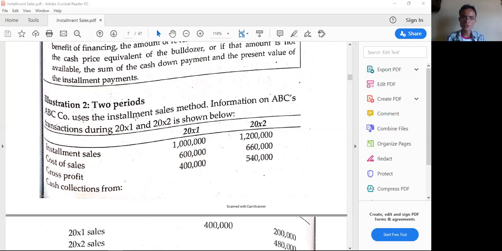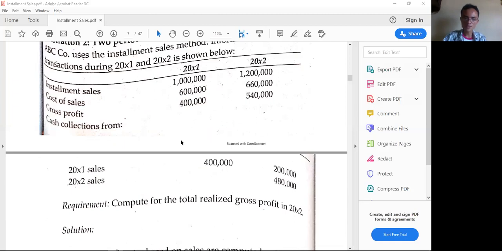We do not expect that in 20x1 the gross profit is 40% and in 20x2 it's going to be the same for another installment sale, because installment sales could be on a contract-per-contract basis. Good if the company has a policy that the rates would be the same, but that's not going to be the case, because sometimes it is based on sales, and on the other end, it could be based on cost. So anyway, be careful with the dates.